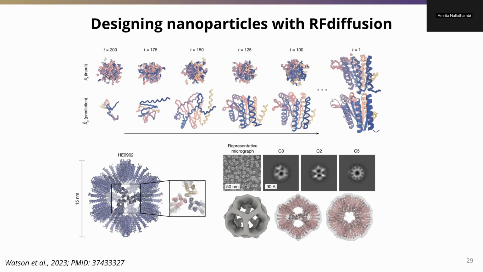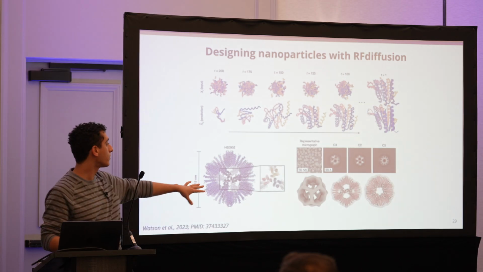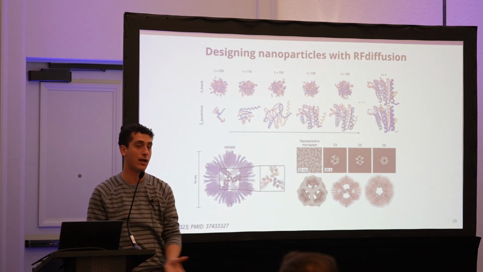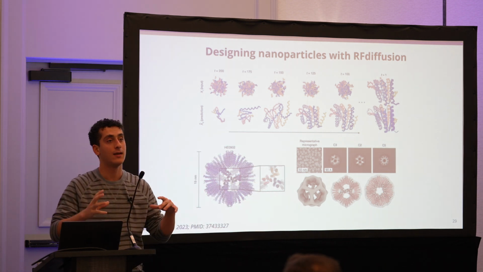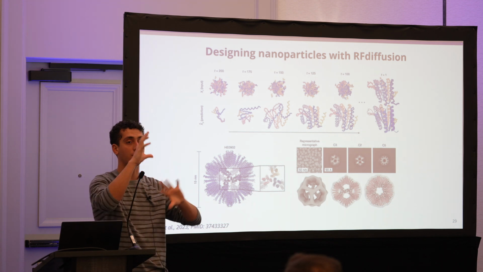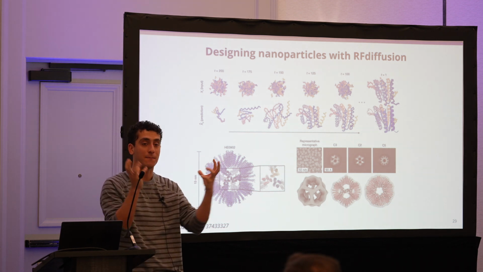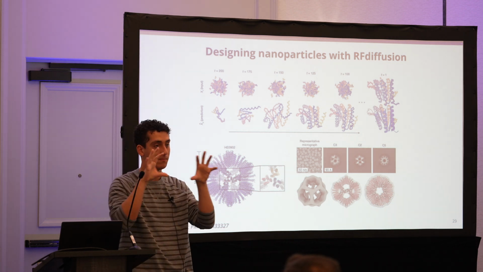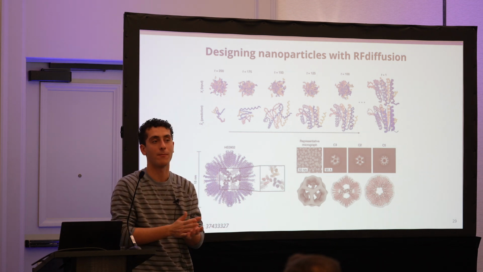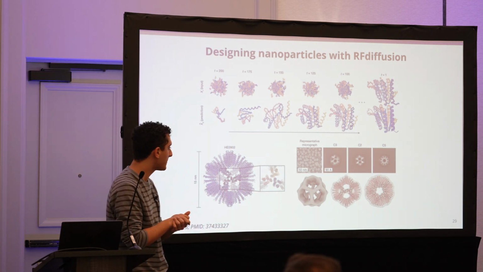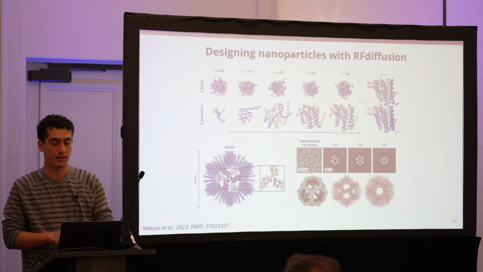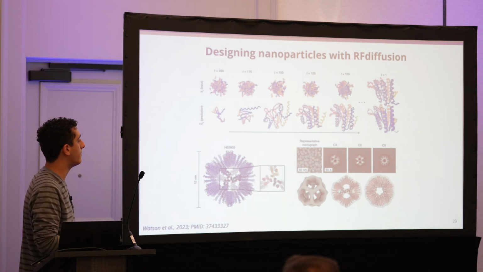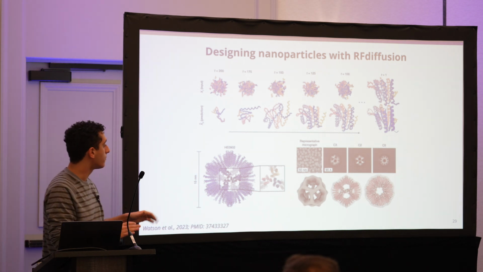Because if you're going to diffuse an entire massive nanoparticle, it takes way too much memory and GPU power to do that. And so can you optimize what you're selecting for and just take a piece of that and use diffusion to make that piece, and that would propagate into your entire nanoparticle. Now, that's still in the works and should be out soon, I think, that version of RoseTTAFold diffusion.